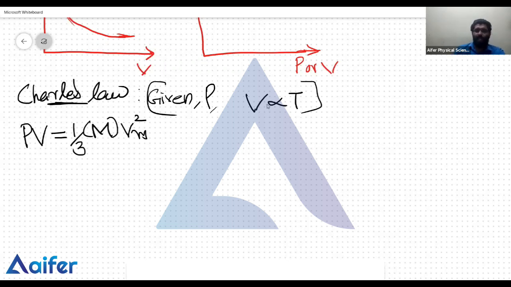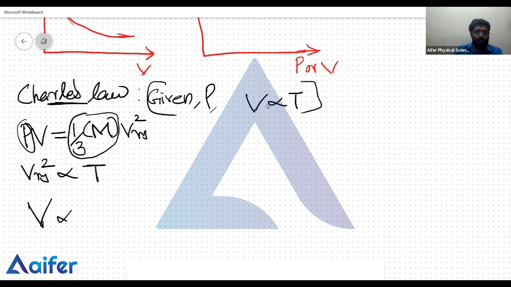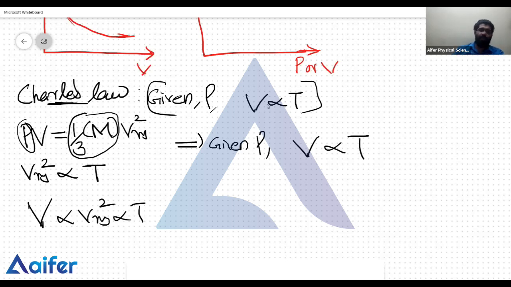Now we are fixing the pressure as a constant, then we need volume and temperature. We know that Vrms square is proportional to temperature. So if you fix the pressure as a constant, these other factors are also constant. So you get volume proportional to Vrms square, which is proportional to temperature, which means for a given P, if you fix your pressure, volume will be proportional to temperature. So what is the equation of state?